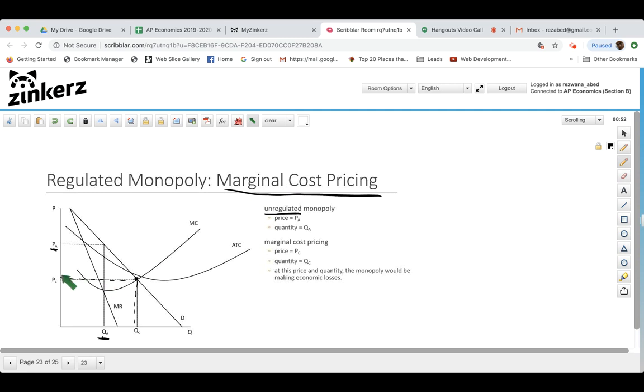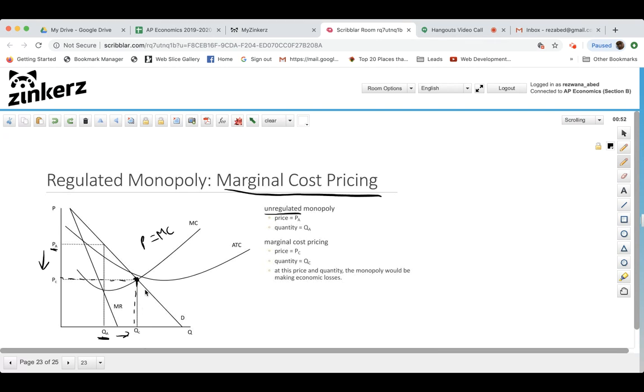The price is found by the intersection of marginal cost and demand. As you can see, this price is a lot lower than the unregulated monopolist's price, and the quantity is a lot higher. This is the socially optimal quantity, where P is equal to MC. This is how much society wants the monopolist to produce.